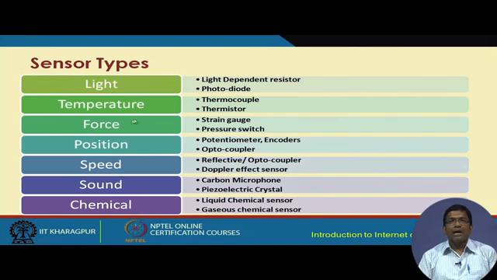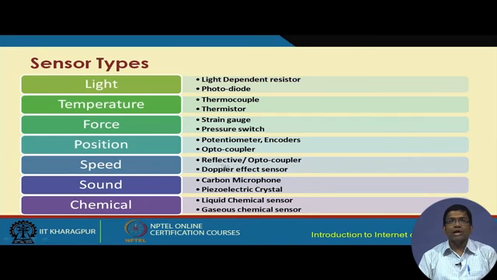Then for force, we have the strain gauge and pressure switch. For position, we have potentiometers, encoders, and optocouplers. With optocouplers, the optical rays are basically obstructed, and based on that, the position information can be obtained.